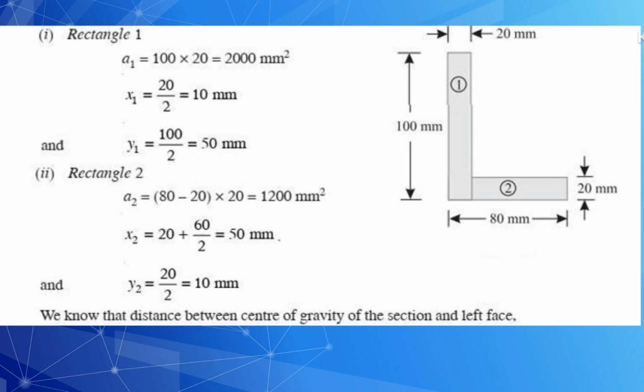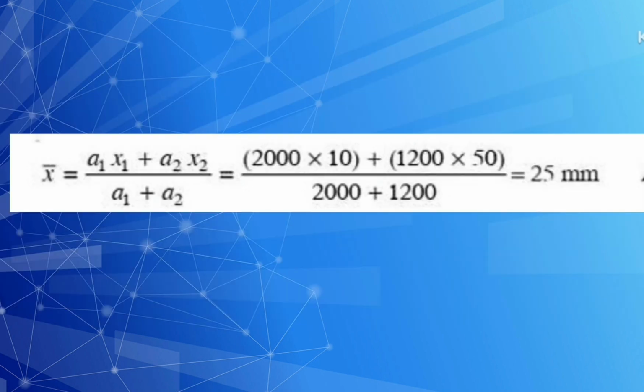We know that the distance between the center of gravity of the section and the left face, x bar, is equal to A1 x1 plus A2 x2 divided by A1 plus A2, which is equal to 2000 into 10 plus 1200 into 50 divided by 2000 plus 1200, which is equal to 25 millimeters.